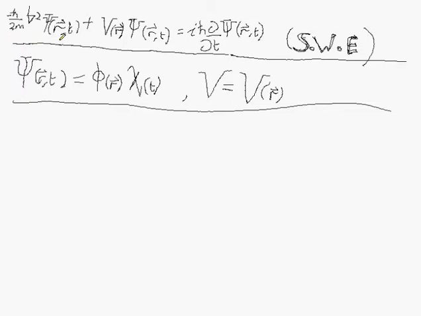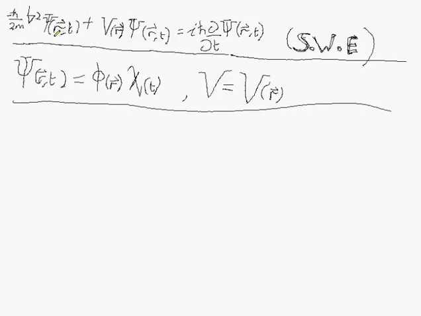The top is the Schrödinger wave equation. I'm sure anyone watching this is already familiar, but I'll just go through a few of the little bits. This is minus h bar squared over 2m, times the Laplacian of the wave function.